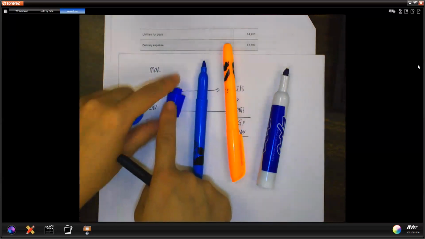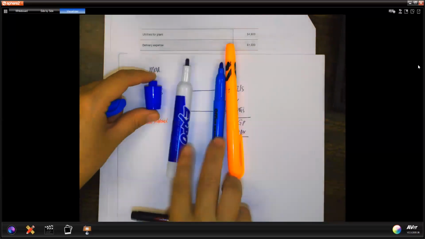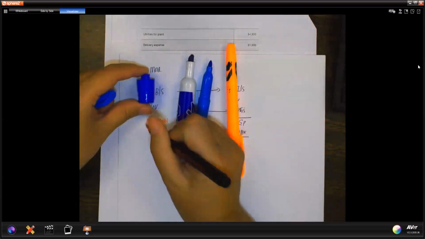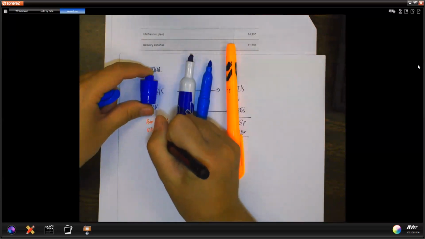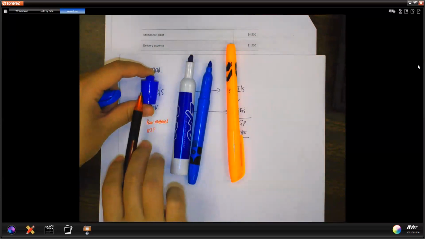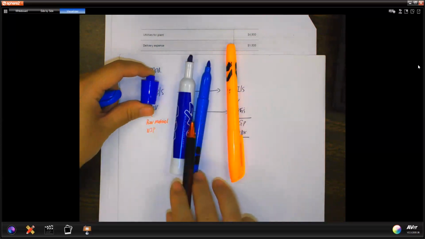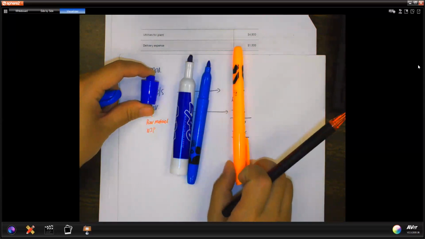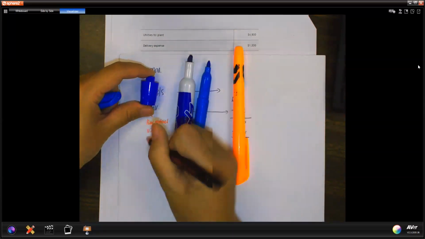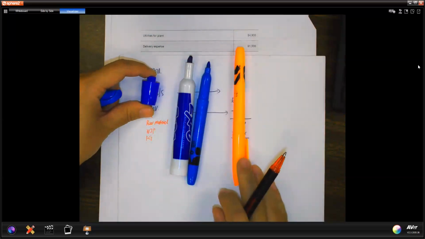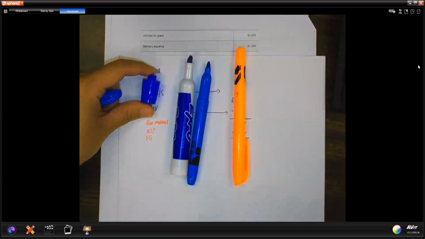Let's say I have 2 halfway made pencils, and that's called work in process. So I have raw material inventory, work in process inventory, and I also have finished goods inventory.